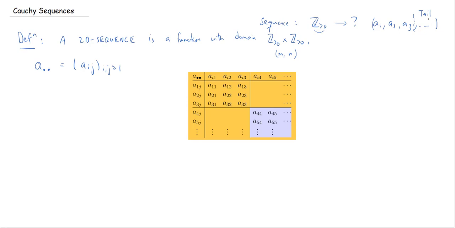And we want to have that same notion for 2D sequences since, well, tails is really where it's at.